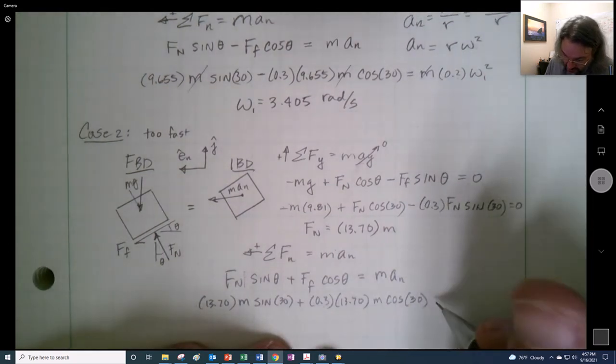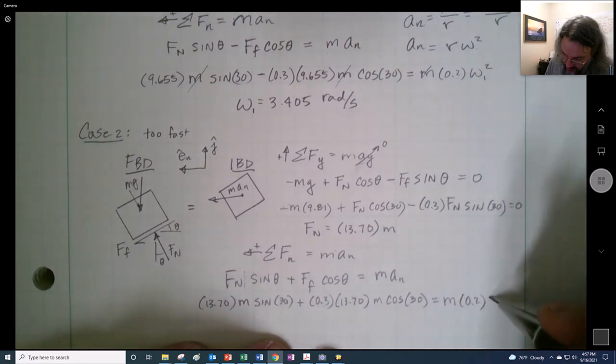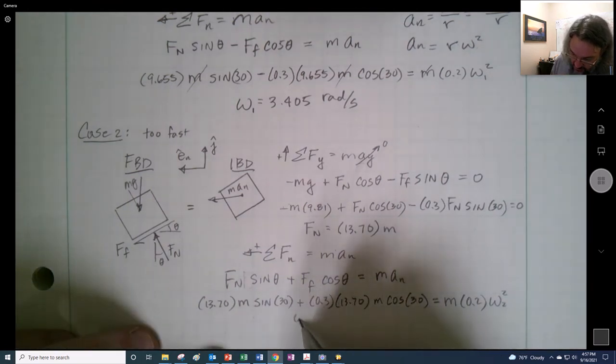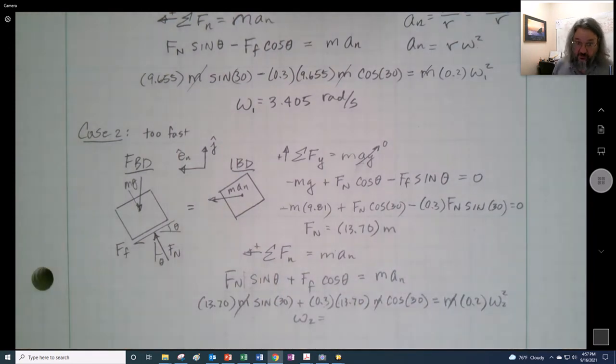Did I do that right? I think so. And then we have m times r omega squared. So 0.2 is r, and this is omega 2 squared. From this we can find omega 2, noting that m cancels out everywhere.